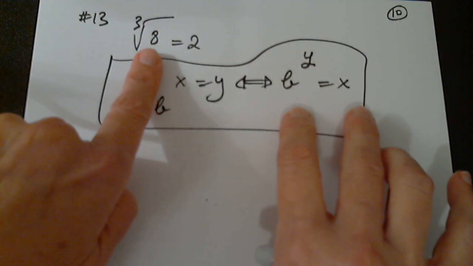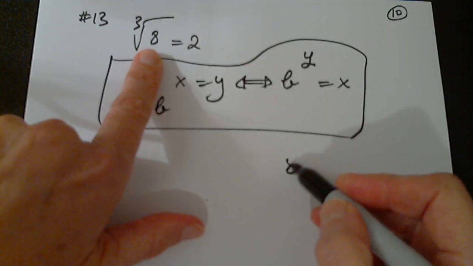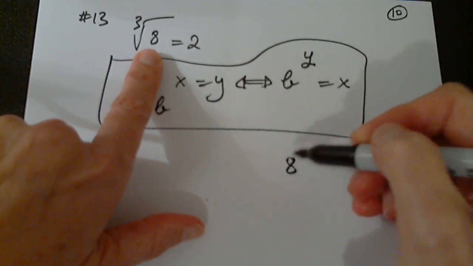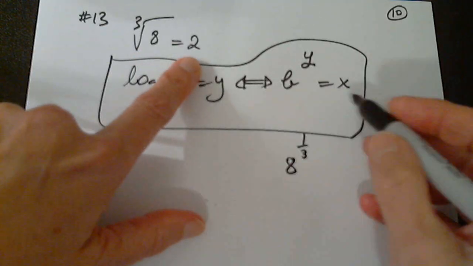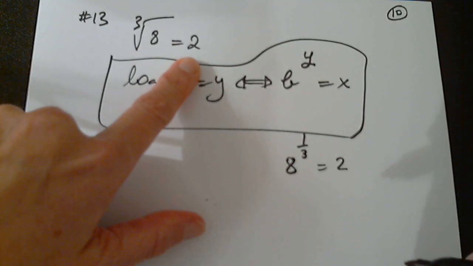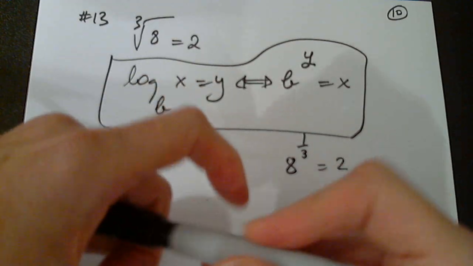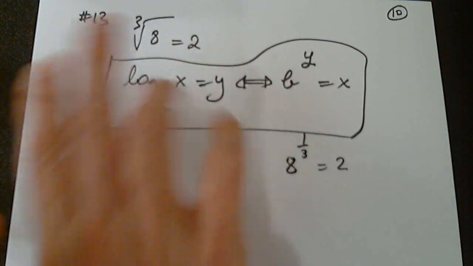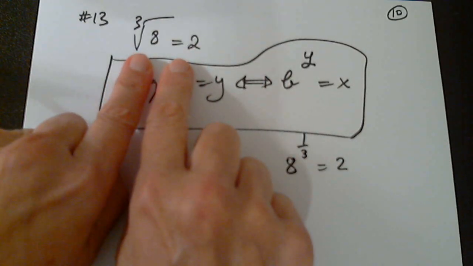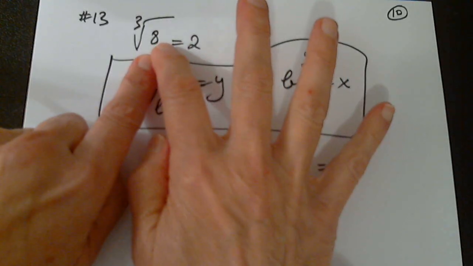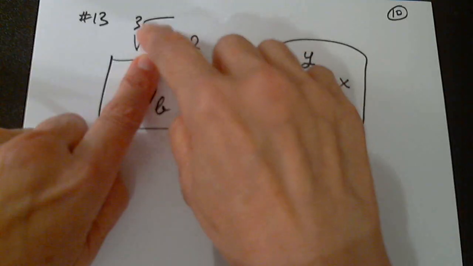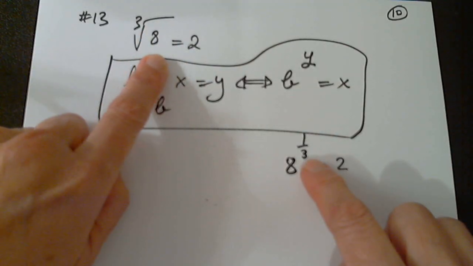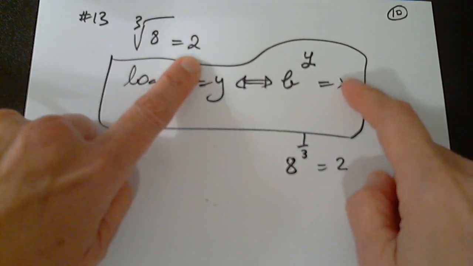The base is 8. The power is 1/3. And the number is 2. So there is no log here. Obviously, this is exponential. Obviously, 8 is the base. Obviously, the power is 1/3 because that's the cube root, the equal symbol, and then 2.